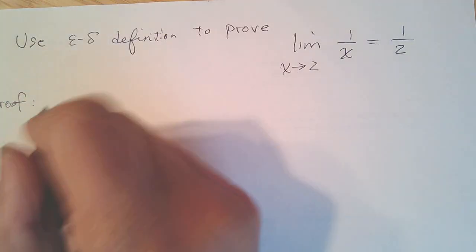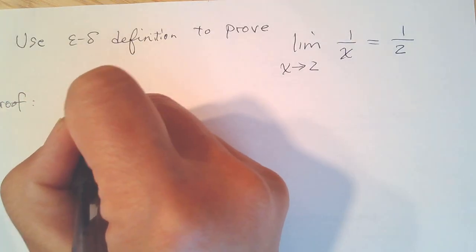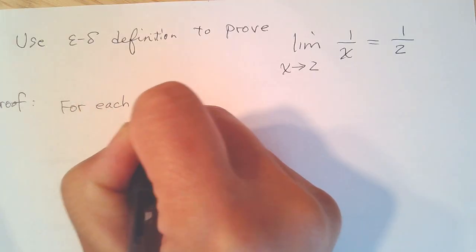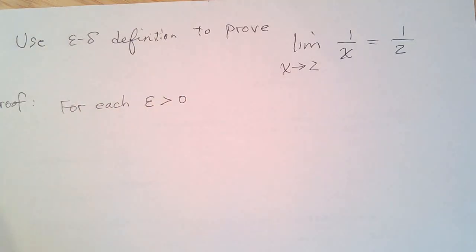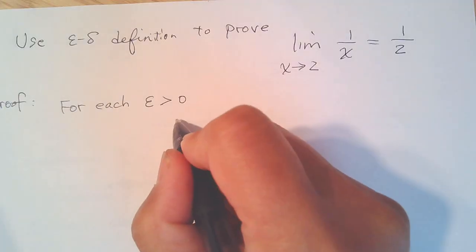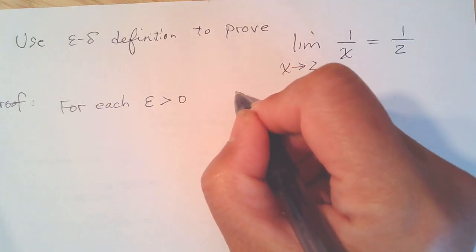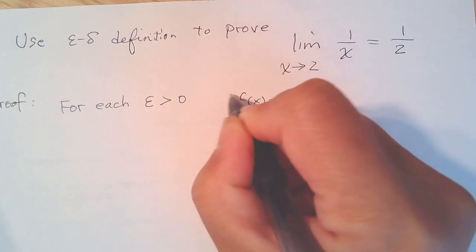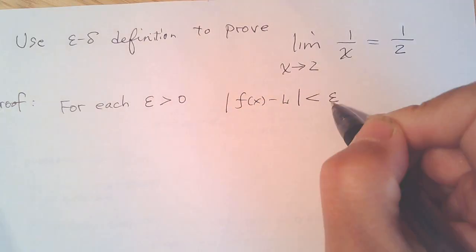Which means for each epsilon greater than 0, and remember, I just write it here, the absolute value of f of x minus L is less than epsilon.